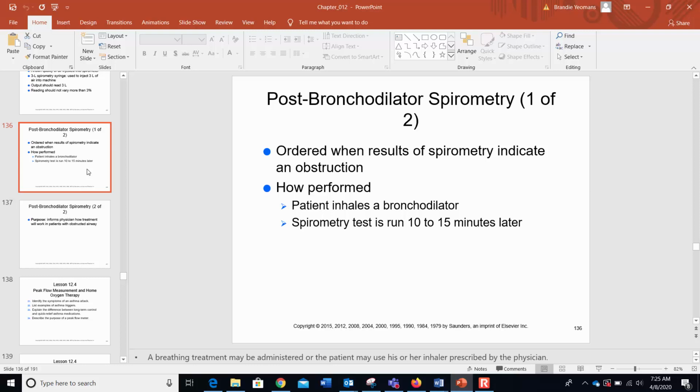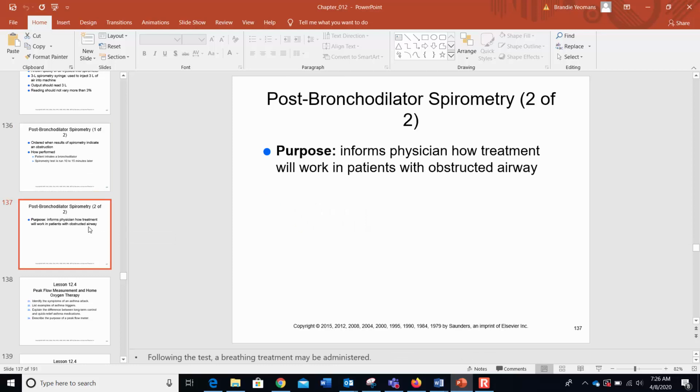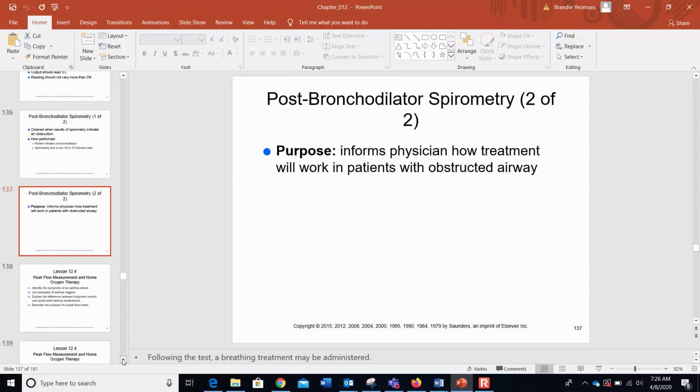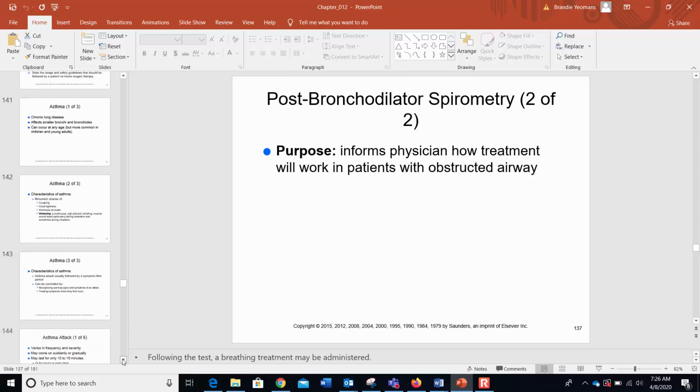Well, it's very important that we wait about 10 to 15 minutes after they've used that bronchodilator to do the spirometry, and that way we can get a true reading as to if that bronchodilator is going to be working right for them.